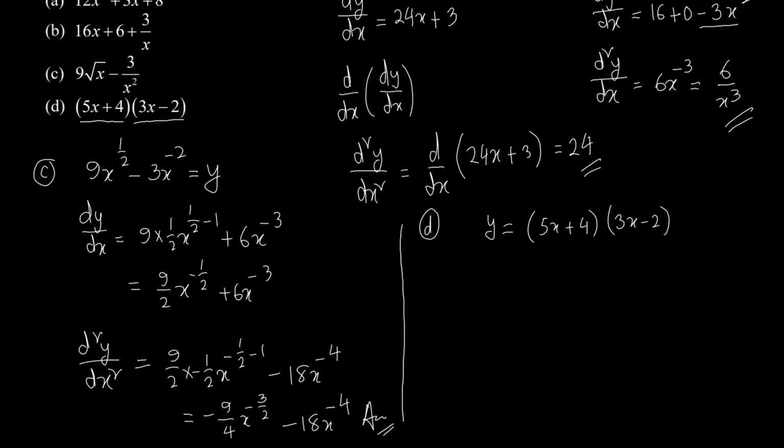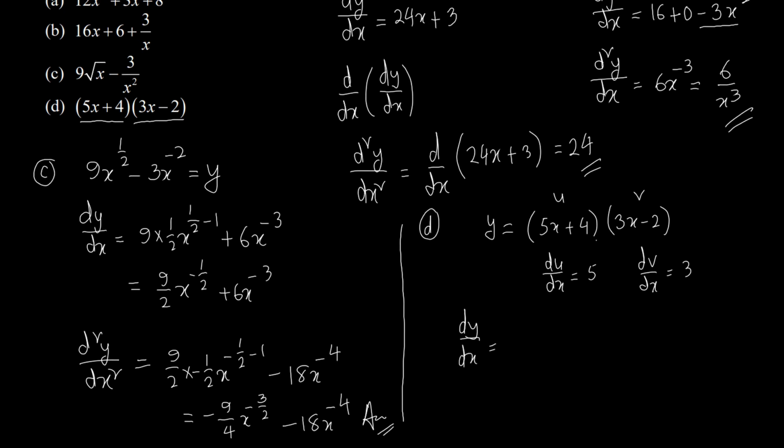You can denote the first one as u, second one as v. So let me do first separately, du by dx, which gives us 5, and dv by dx, which gives us 3. So now our first derivative dy by dx we can write directly, which is u dv by dx.